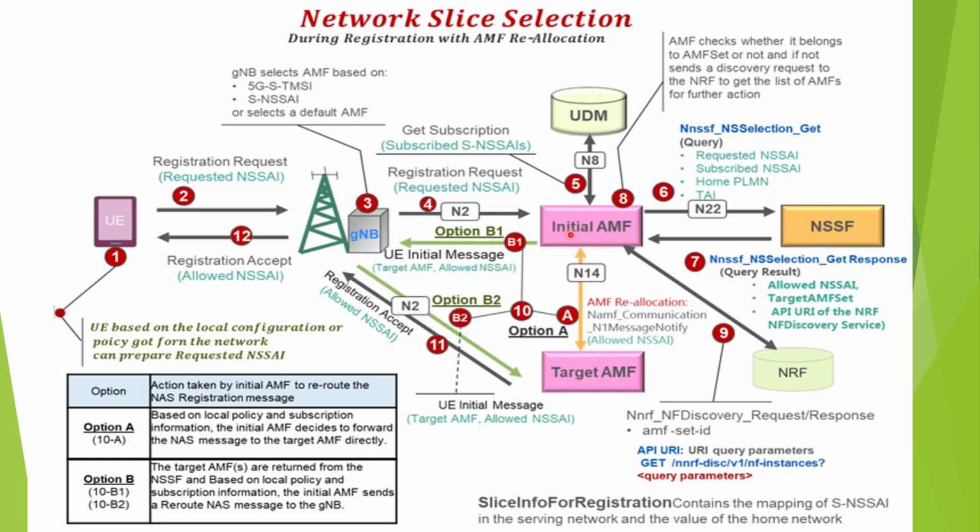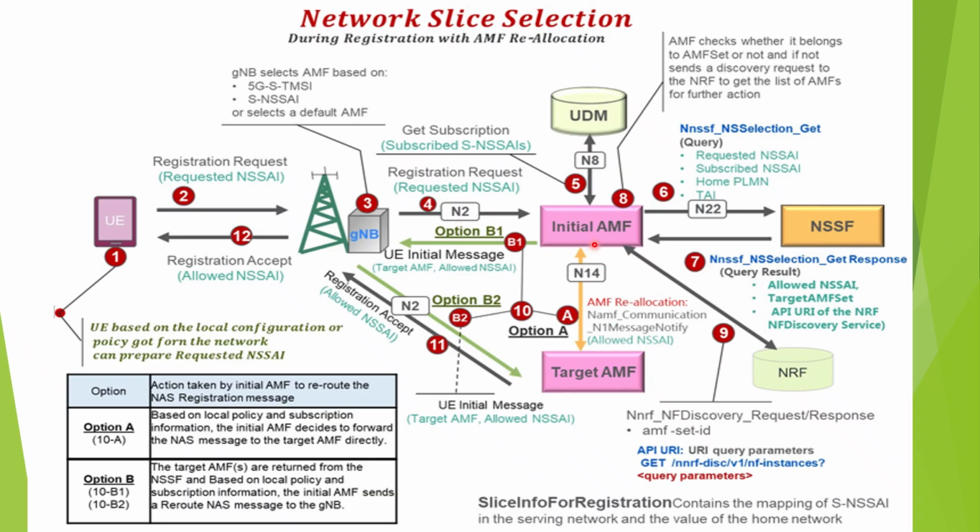From the response received from the NRF, it takes two paths. Either it can go to the target AMF, that means the NRF has given the target AMF, and the user equipment can communicate to the target. Or else, if the NRF does not assign the target AMF, then it communicates this way: it sends the response to the gNodeB, and then the gNodeB takes a path to assign the target AMF.